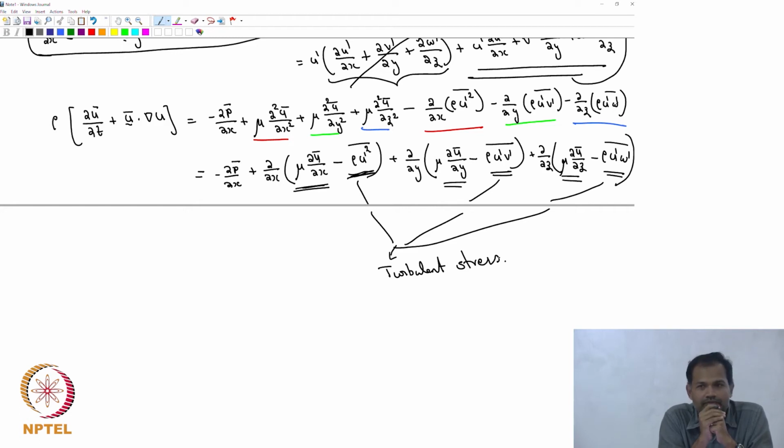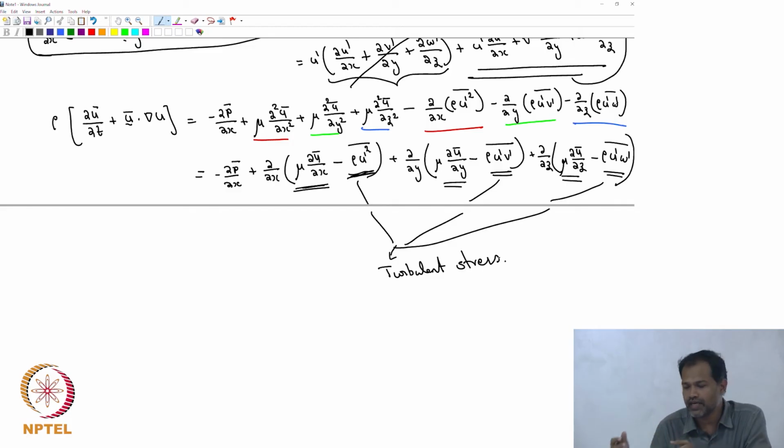Is that clear? Remember, when you derived Cauchy's equation, you had the stress and did not know what to do then. So you said we will make use of Newton's law of viscosity, and you converted that stress into velocity and proceeded. So you got everything in terms of velocity and were able to solve the equations.